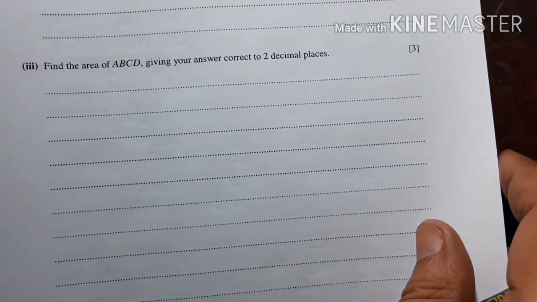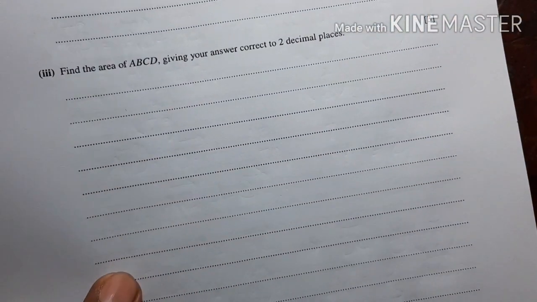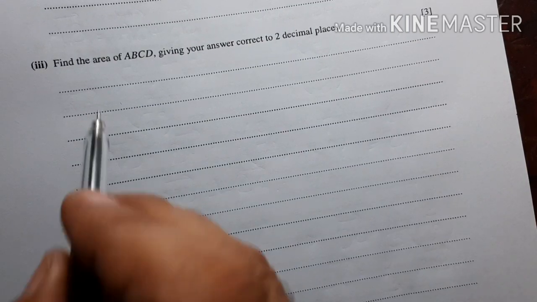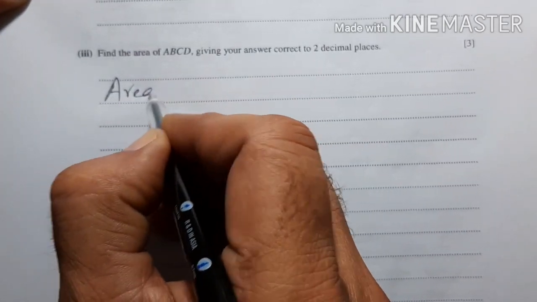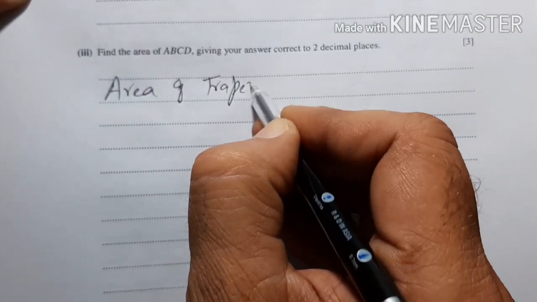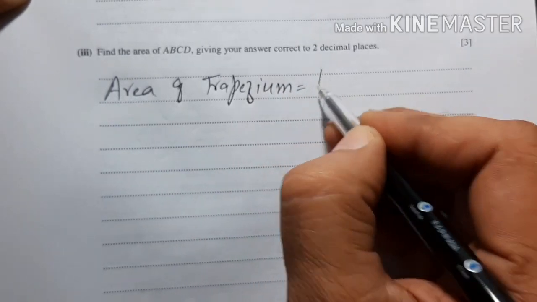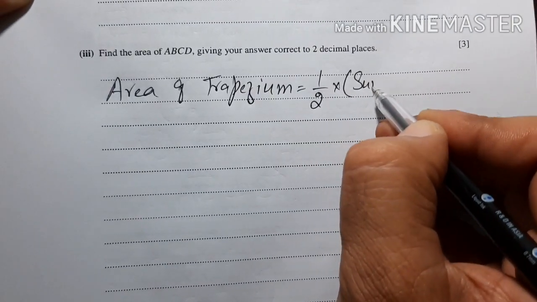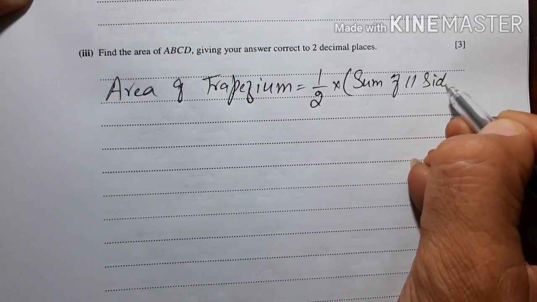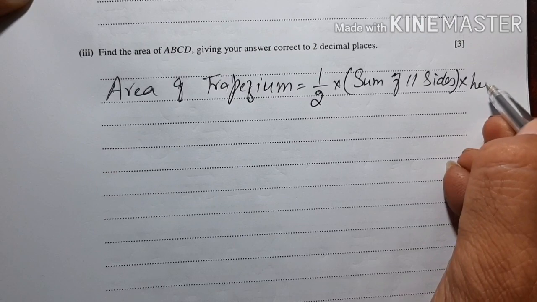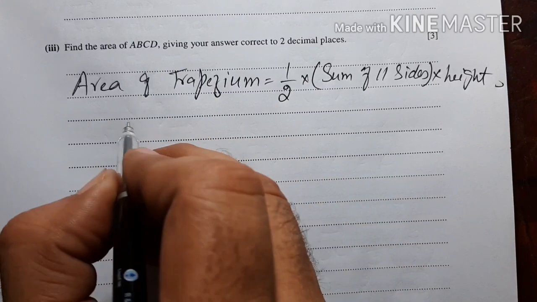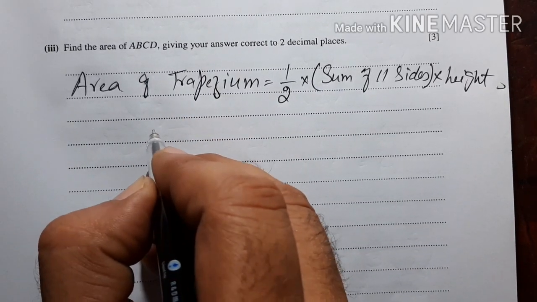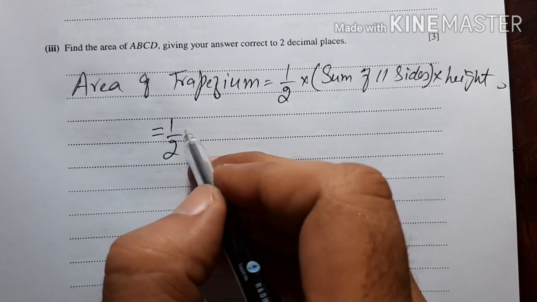Next is the third part. Find the area of the trapezium. And I hope everyone knows the area of a trapezium is 1/2 into sum of parallel sides into height. So we know the parallel sides are AB and CD.